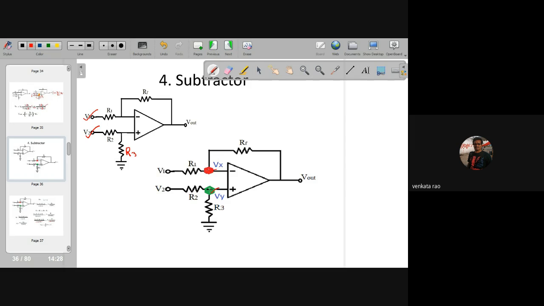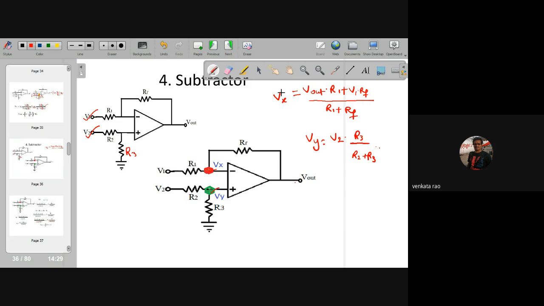Now Vx is written as V output into R1 plus V1 into RF by R1 plus RF. Similarly, Vy is V2 into R3 by R2 plus R3.